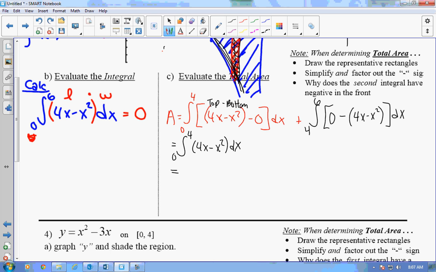Jake, have you figured it out on your calculator? Yours is different. Okay. 4x minus x squared, comma, integrating with respect to x, comma, lower limit 0, comma, upper limit 4. I get 10 point, what's the exact value though? 10.6. 10.2. Okay, that would be an exact value, yep, 10 and 2/3.